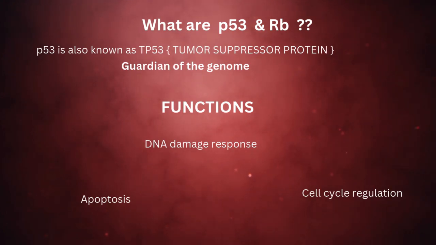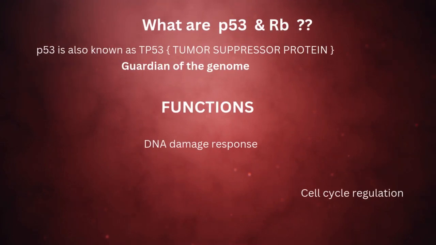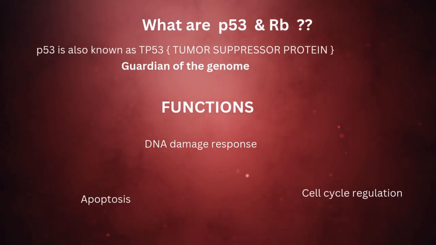It immediately protects the cell from mutations leading to cancer. So for a person who is having cancer, the first thing is that p53 doesn't work properly. That is how the cancer cells first attack p53. That is why the mode of action is to inactivate your p53 tumor suppressor protein.